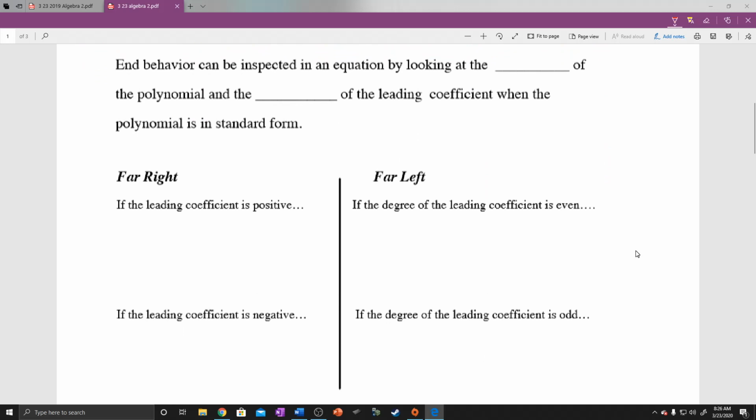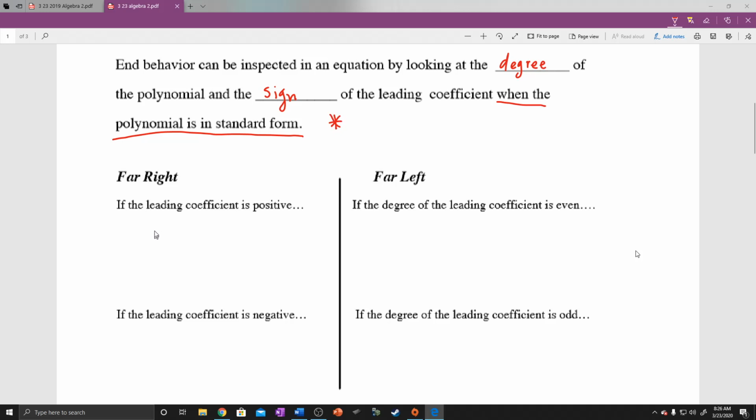Okay, so end behavior can be inspected in an equation by looking at the degree of the polynomial as well as the sign of the leading coefficient when the polynomial is in standard form, right? That's important. It needs to be in standard form, so you have to get in the habit of putting these polynomials in standard form.